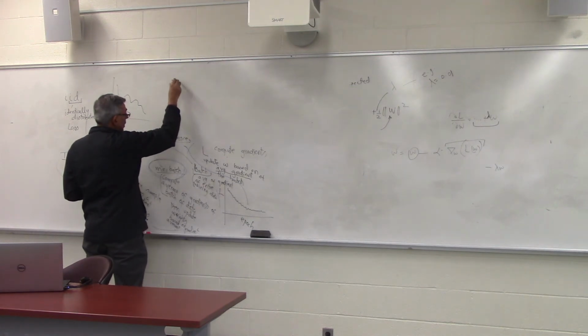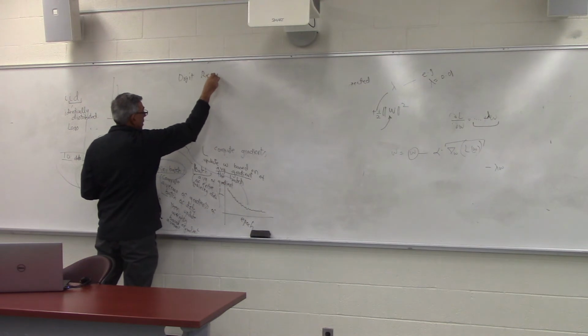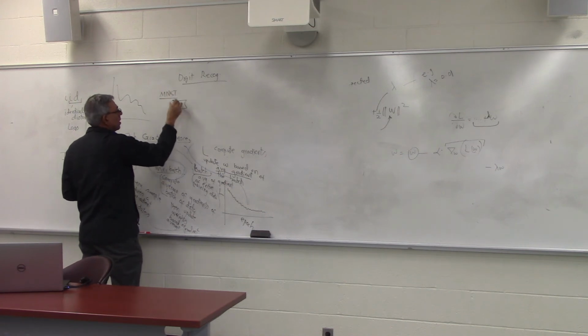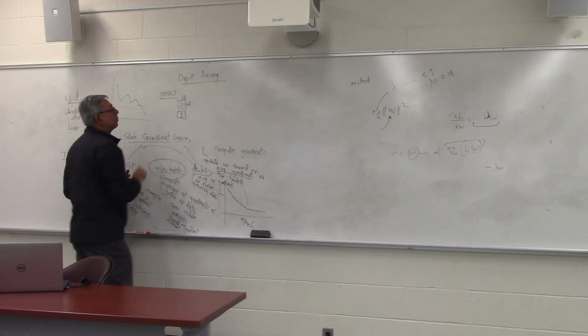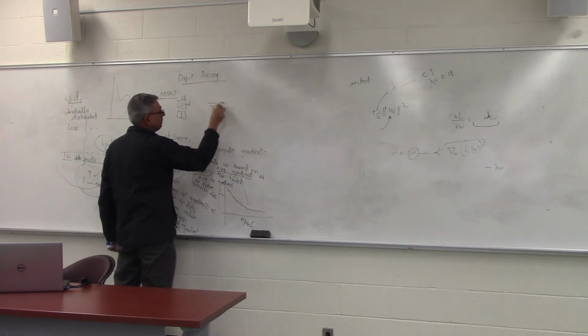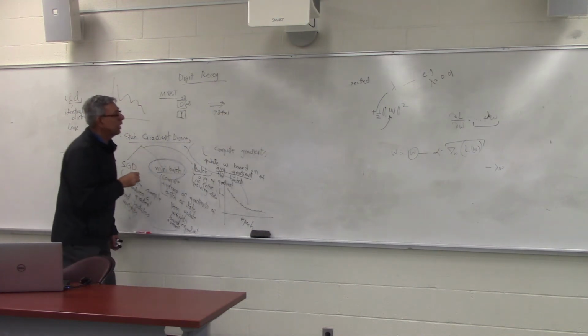Okay, so now let's take a look at the digit recognition. As we mentioned, if we're using the MNIST data set, each is a 28 by 28 pixel digit. So that means the number of inputs that we will feed to our network will be 784 by 1, right?